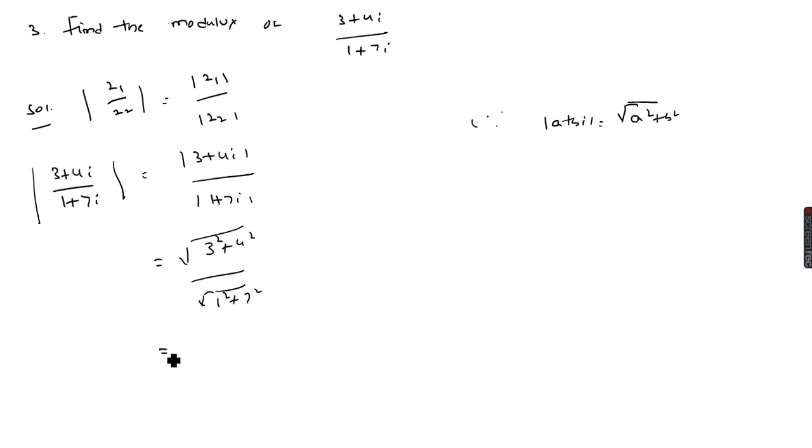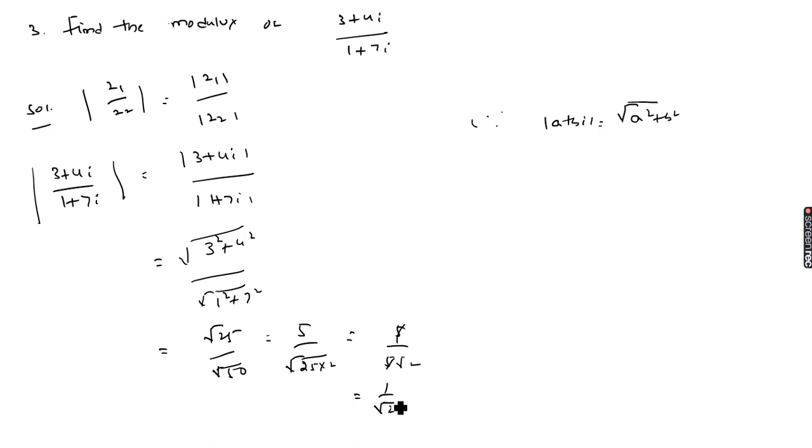Therefore this is nothing but root 25 by root 50. This is equal to 5 by, this is nothing but 25 into 2, and finally we get 5 by 5 root 2. 5 cancelled. Therefore the answer is 1 by root 2.